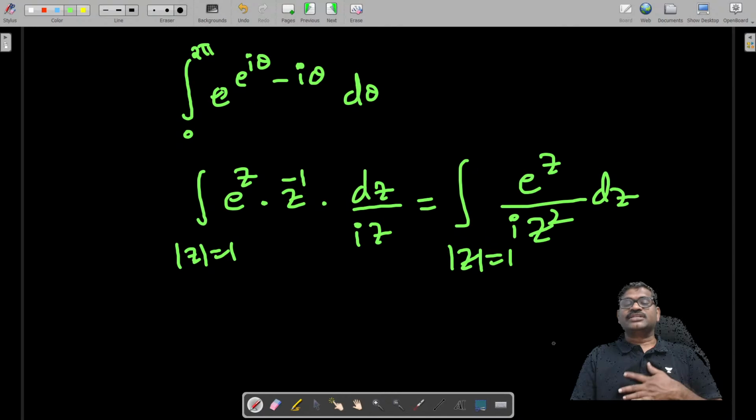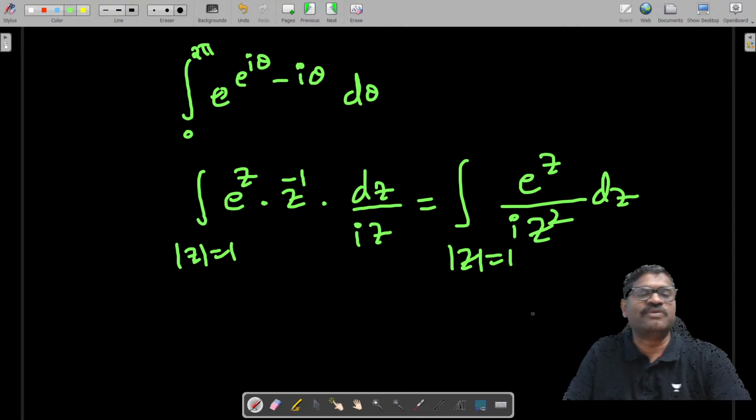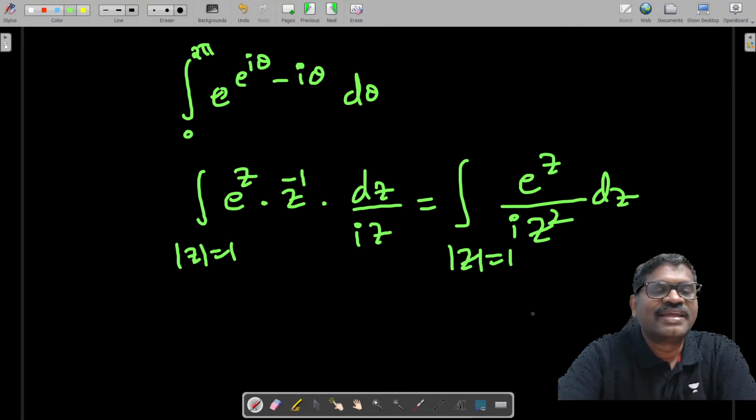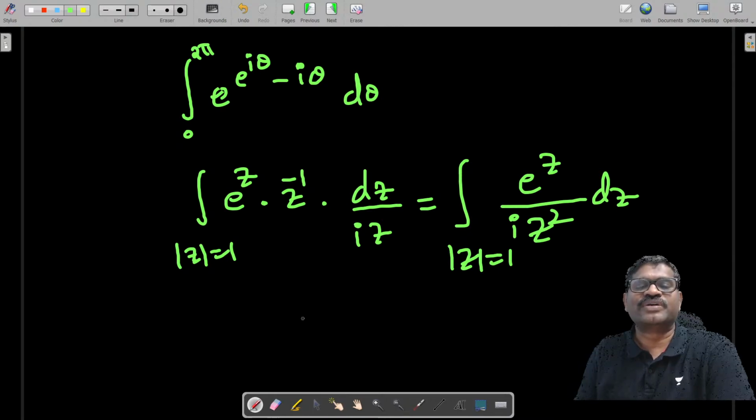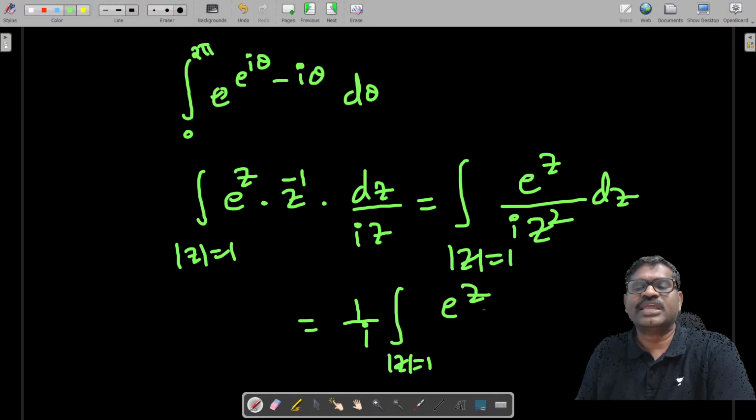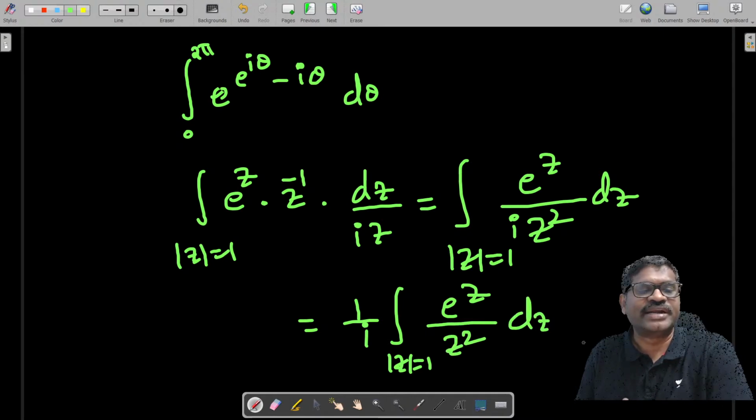So here z equal to 0 is the pole which lies inside, right? Z equal to 0 lies inside or not? Therefore, the integral is 1 by i integral mod z equal to 1 e power z by z square dz.